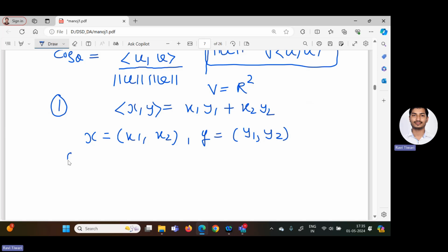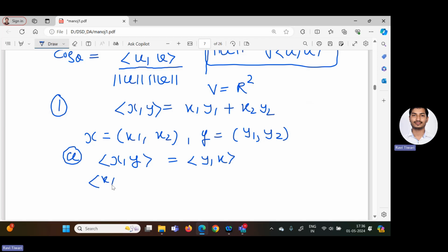So according to the first property of inner product space, inner product of X and Y must be equal to inner product of Y comma X. So what will be the inner product of X and Y if X is X1, X2 and Y is Y1, Y2? We can apply the concept of the standard inner product, which is defined as first component into first component.